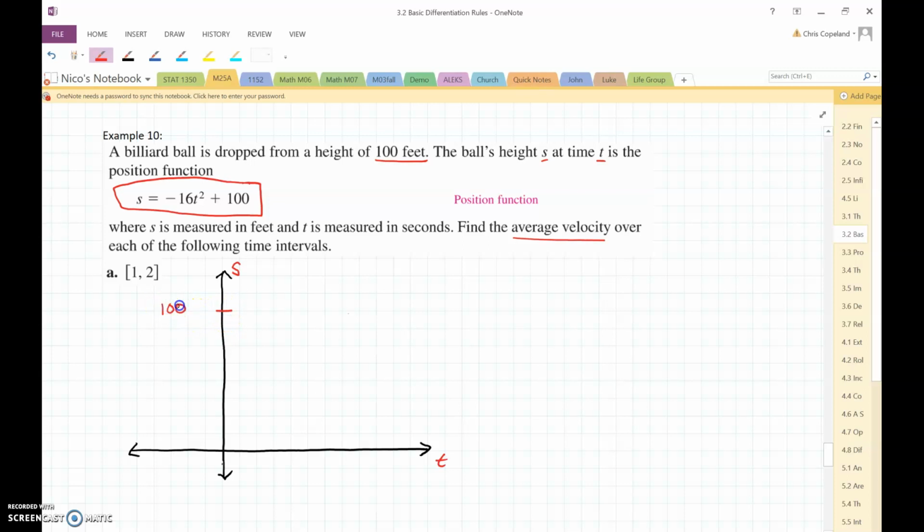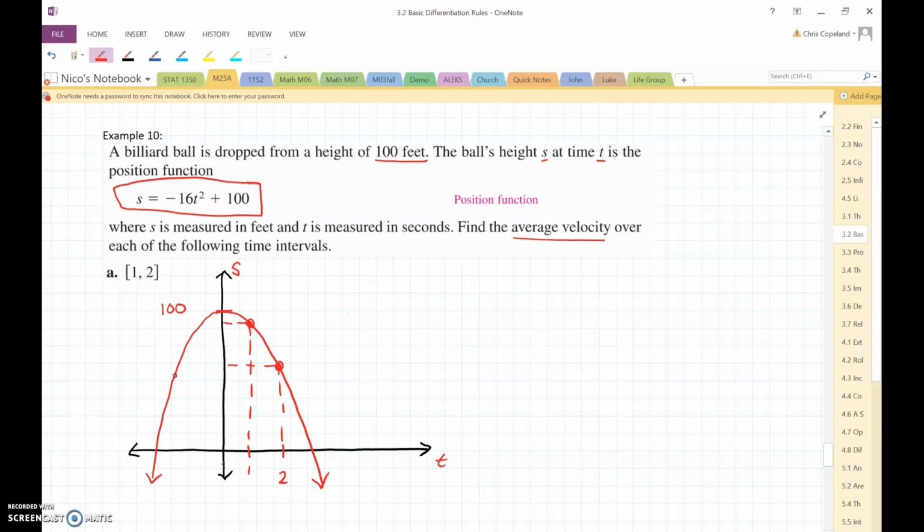So if 100 is up here, this would be a parabola turned upside down like this. And this is the position function. So after 1 second, we can figure out what the height of this ball would be. And after 2 seconds, we could figure out what the height would be.